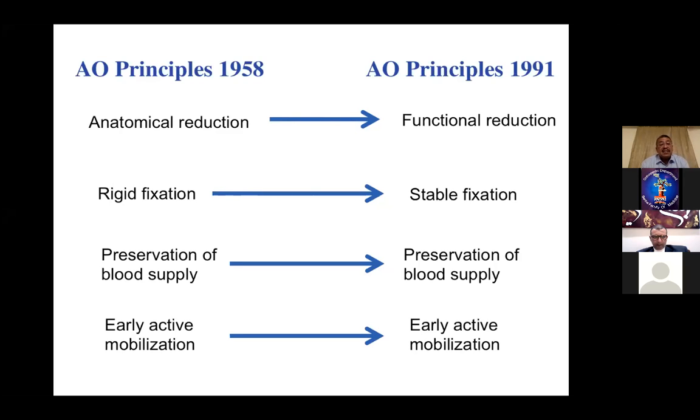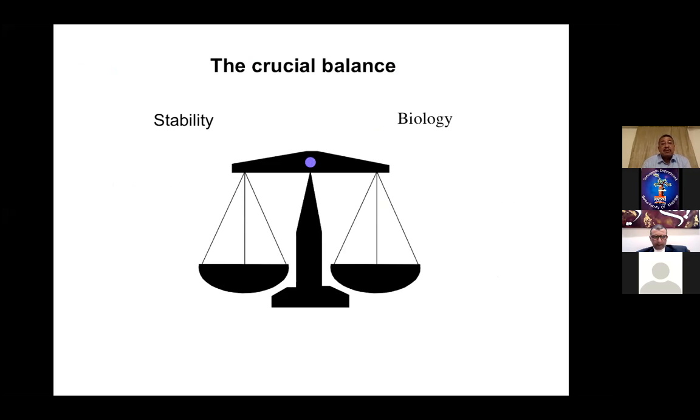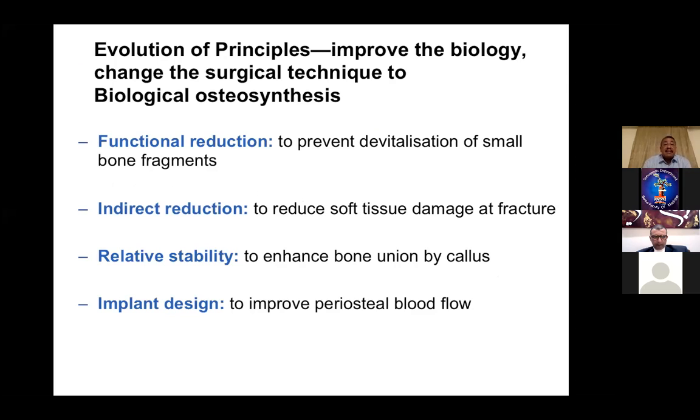And the aim is to mobilize our patients as early as possible. So a crucial balance between stability and biology is needed in order to have our fracture healed. In order to have healing of our fracture, we should have this balance.